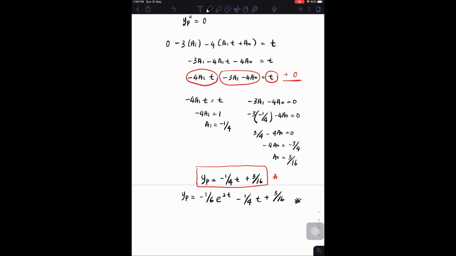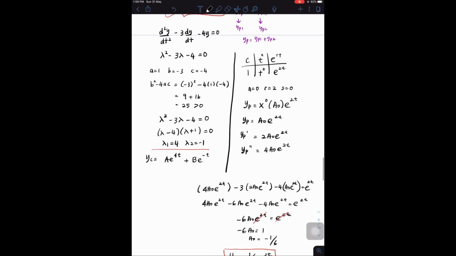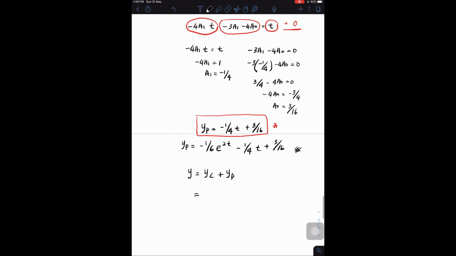Now we can find the full solution of our differential equation, y equal to yc plus yp. Just now we found the yc, so this is our yc: a e to the 4t plus b e to the negative t, plus our yp, minus 1 over 6 e to the 2t minus 1 over 4 t plus 3 over 16.